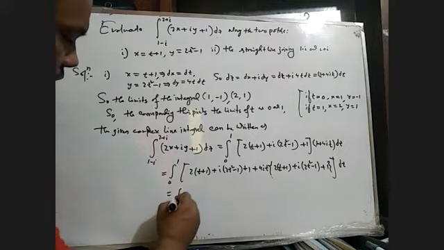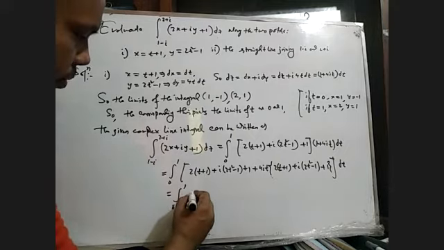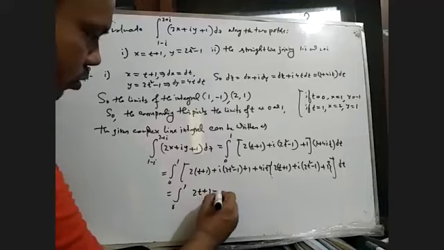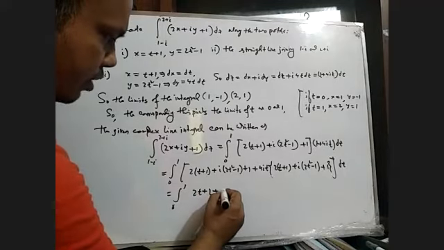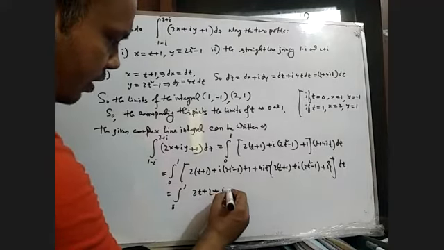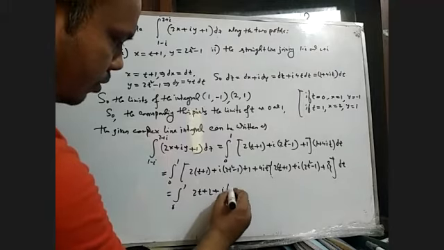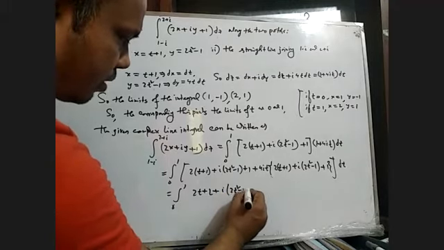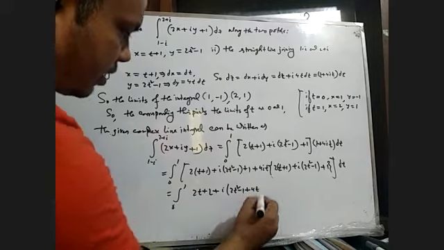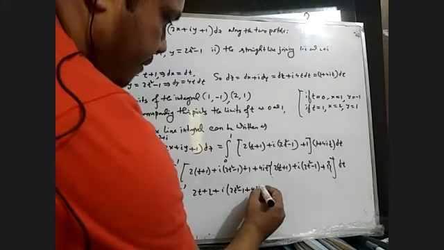So from 0 to 1, this will be 2t plus 2 plus i into 2t square minus 1, 4t.